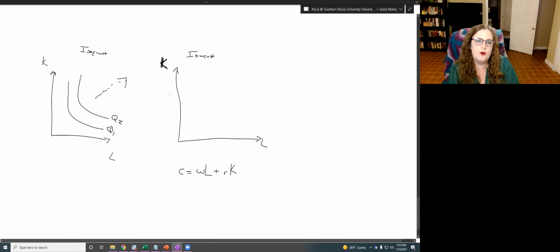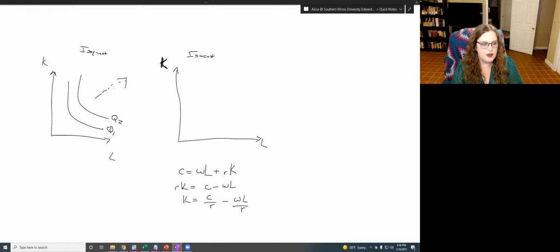Let's put RK on this side. Then we have C minus WL. If we divide by R, we're going to have K equal to C divided by R minus WL divided by R.